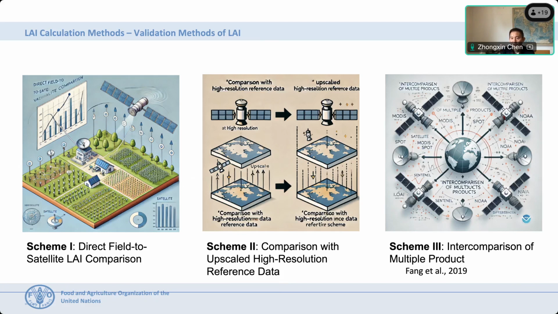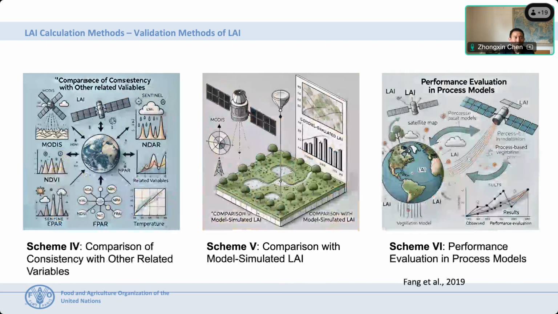And scheme 3, I just introduced in the first slide, the LAI inversion can use different types of remote sensing data. So we make comparison between multiple data products.